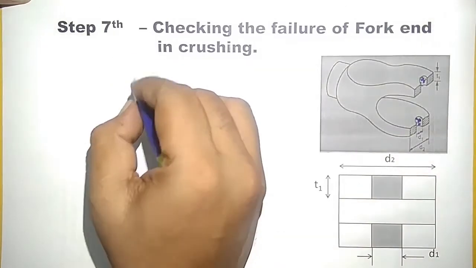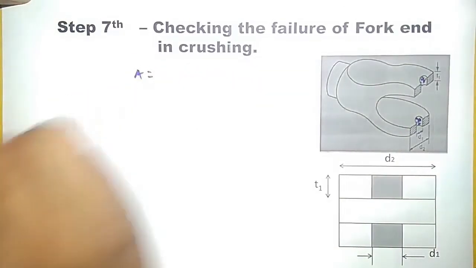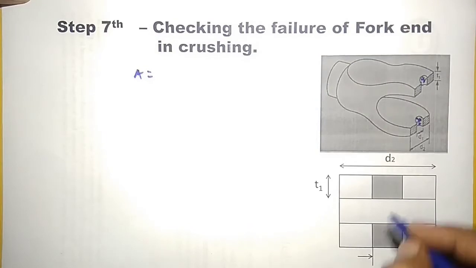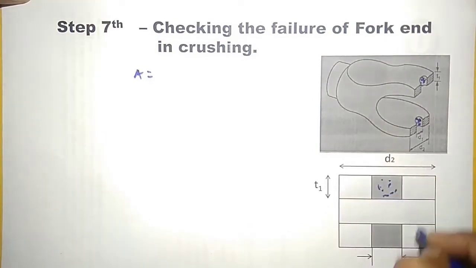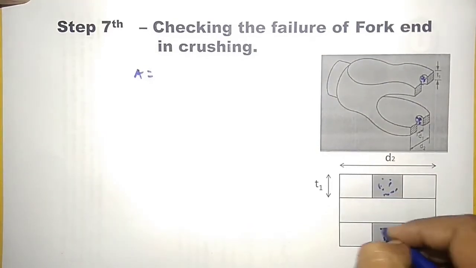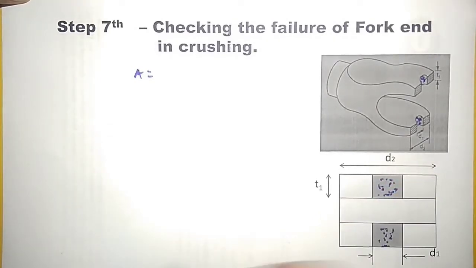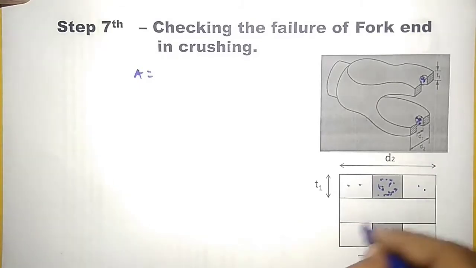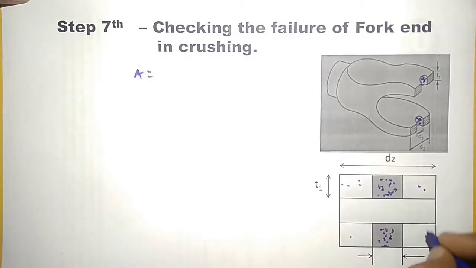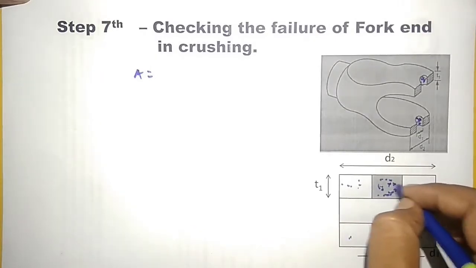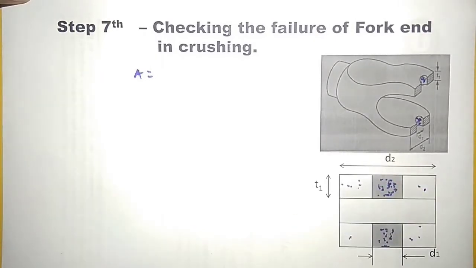We have already seen this in the last numerical. So the area under crushing is only this area which is in contact. Tensile stress and shear stress also develop, and those parts fail due to tensile and shear, but this internal area fails by the crushing stress.